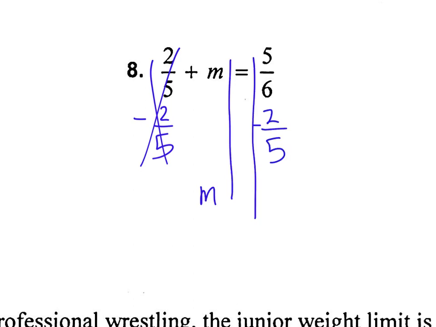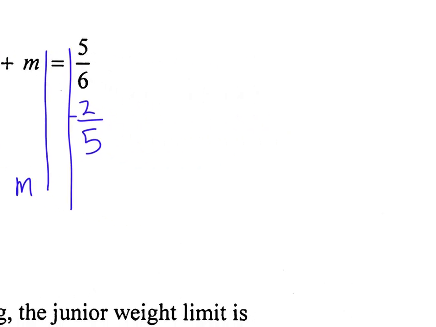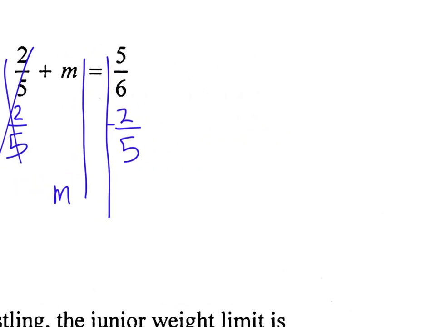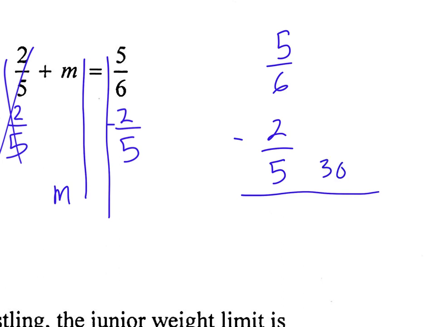Now, we have to kind of go back in the past. I know it's been a while since you've done fractions. So we're going to go 5/6 minus 2/5. And remember, we have to find a common denominator when we subtract or add fractions. It so happens to be 30. How did 6 turn into 30? It times by 5. Do it to the top.